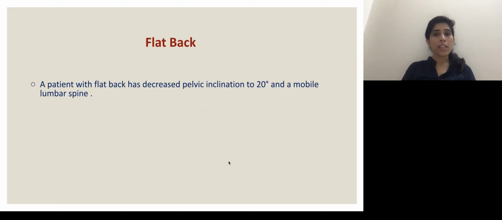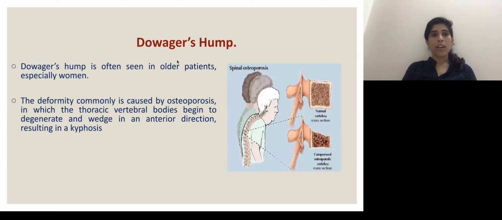There will be a decrease in the pelvic inclination to 20 degrees. There will be less lordosis in the lumbar region, and as a result, there will be increased angulation at the thoracic region. Okay. Then the last deformity is the Dowager's hump.